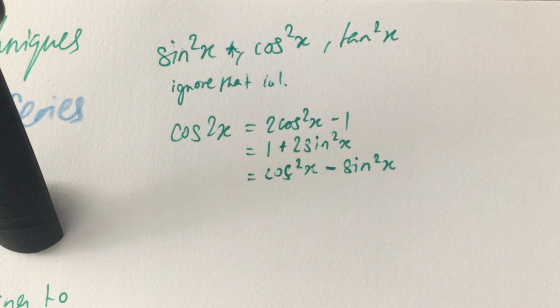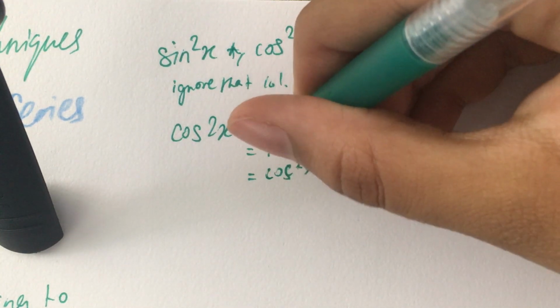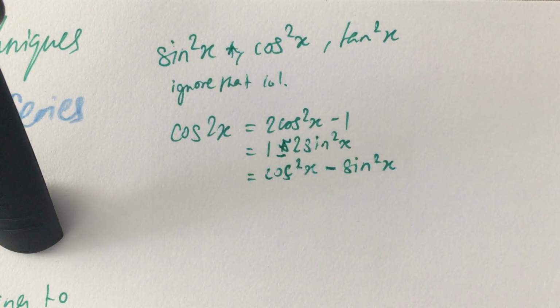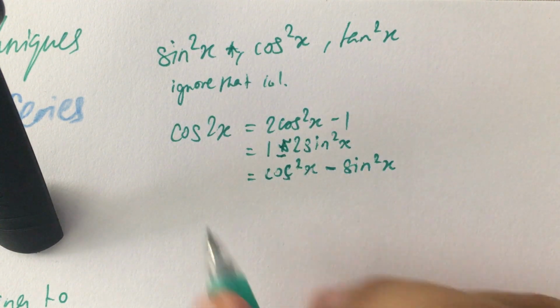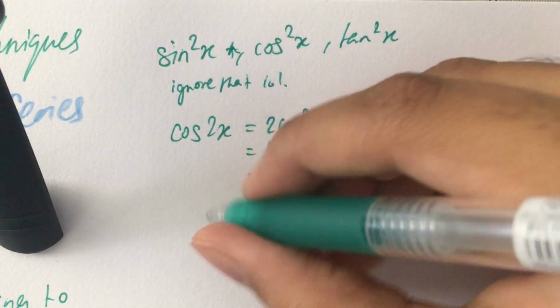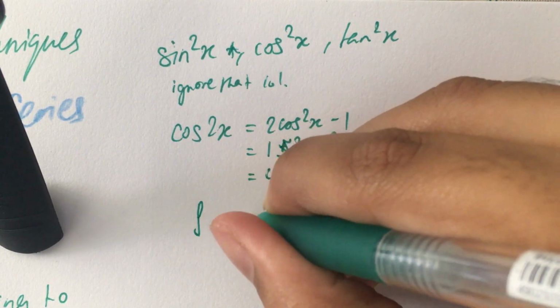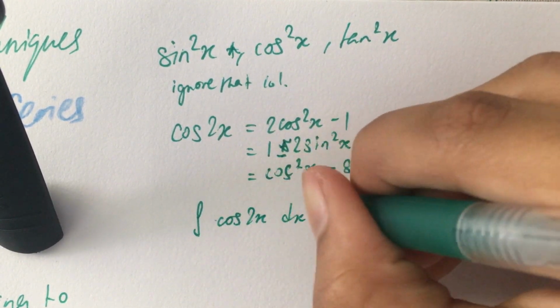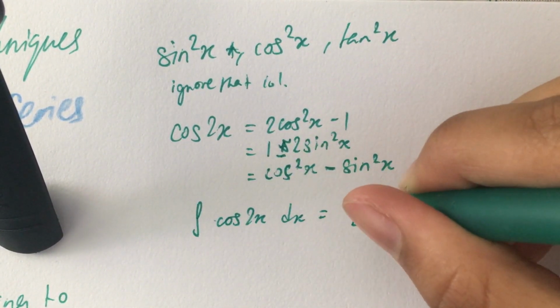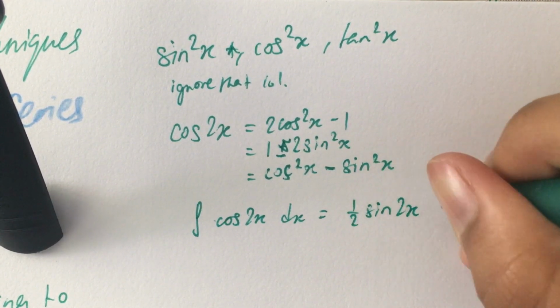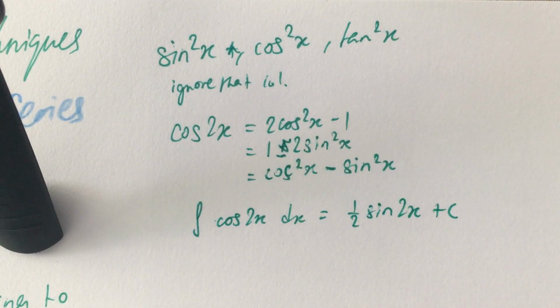And from there you can integrate it normally, because if you integrate sine x, you get negative cosine x. If you integrate cosine x, you get sine x. So you can use it with your sine 2x or cosine 2x. For example, if you integrate sine 2x, you just get negative half cosine 2x. And that's a lot easier than trying to integrate sine square or cosine square x.